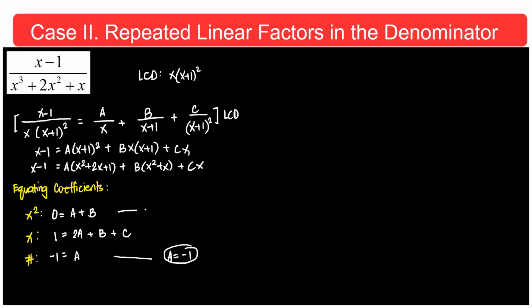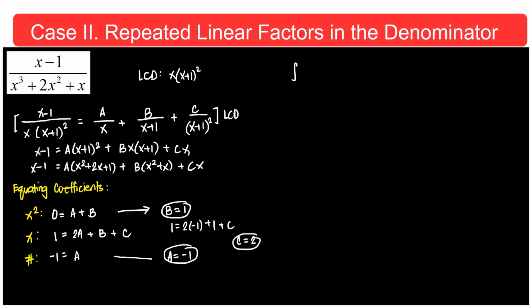If A is negative 1, we can already answer this one. B would be positive 1. Am I correct? So 1, 2 times negative 1 plus 1 plus c. Negative 2 plus 1 is negative 1. Therefore, c is equal to 2.